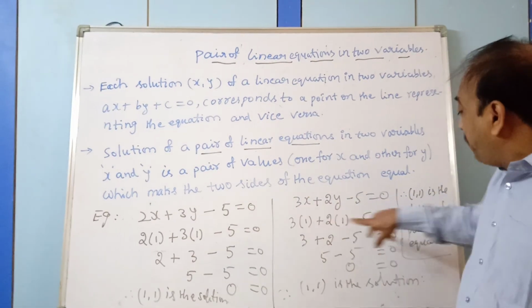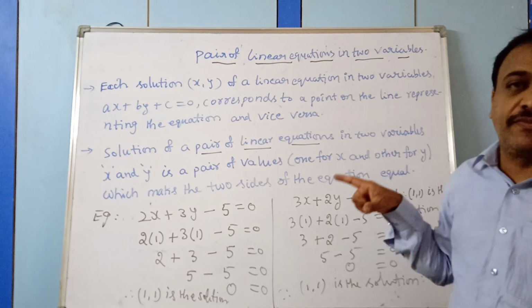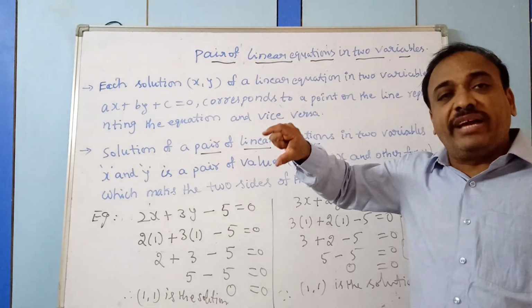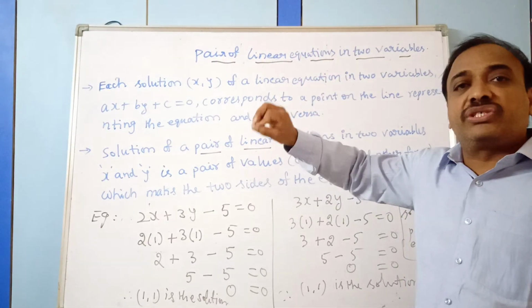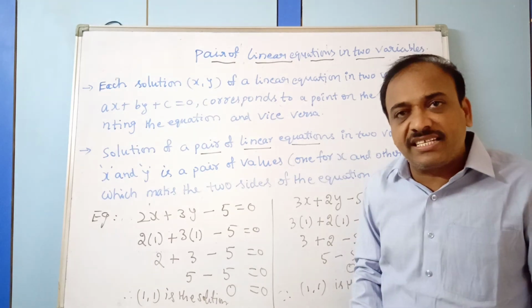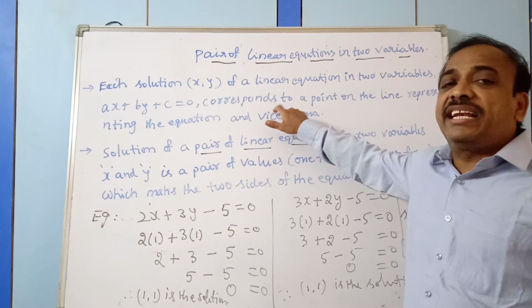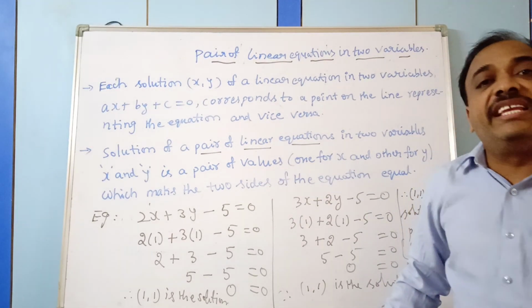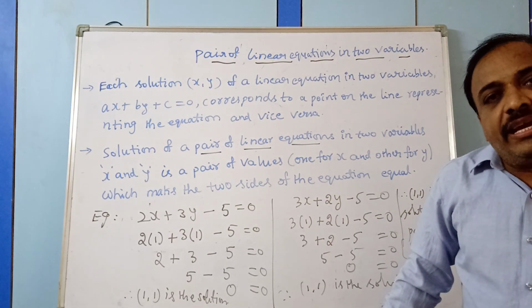If you take a pair, then both must be satisfied. Every point on a linear equation in two variables which lies on the line is a solution. This we learned in class 9th. Now we are going to discuss the solution of a pair of linear equations in two variables.